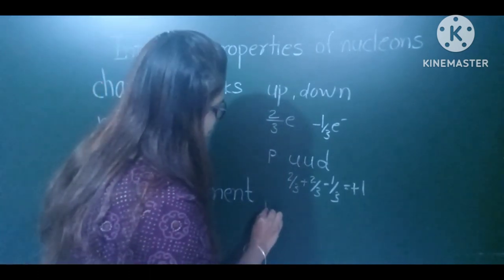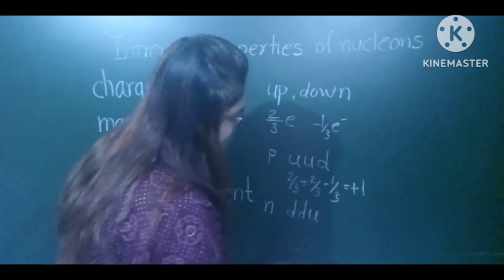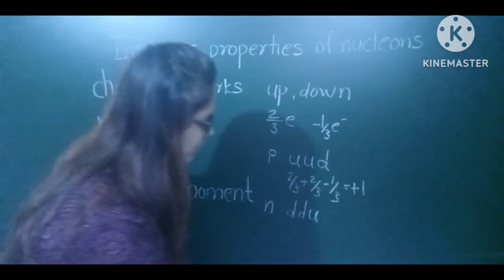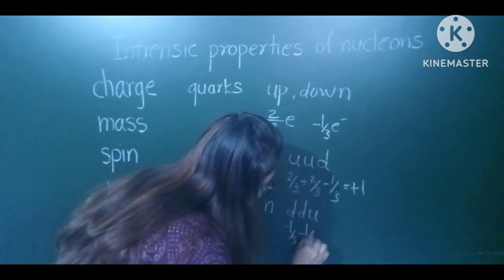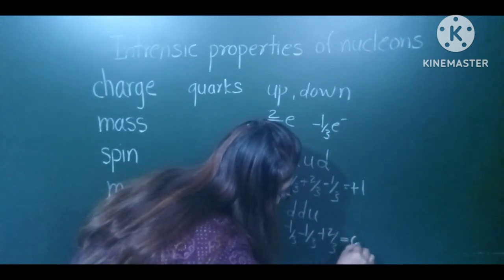Similarly, the neutron is made up of down and up quark. The down quark has a minus 1/3 electronic charge, so minus 1/3 and plus 2/3 plus another minus 1/3 is equal to 0.